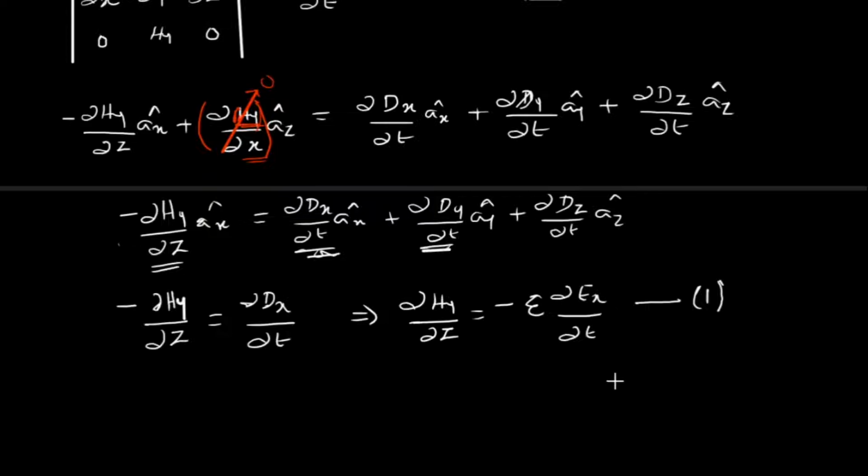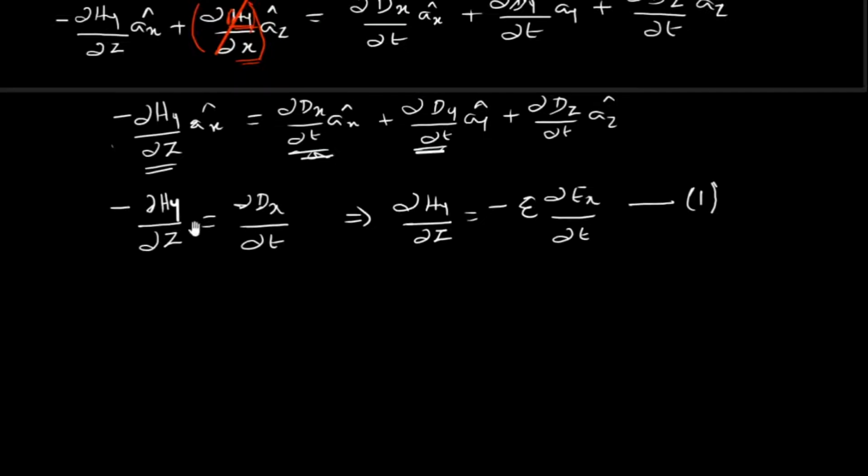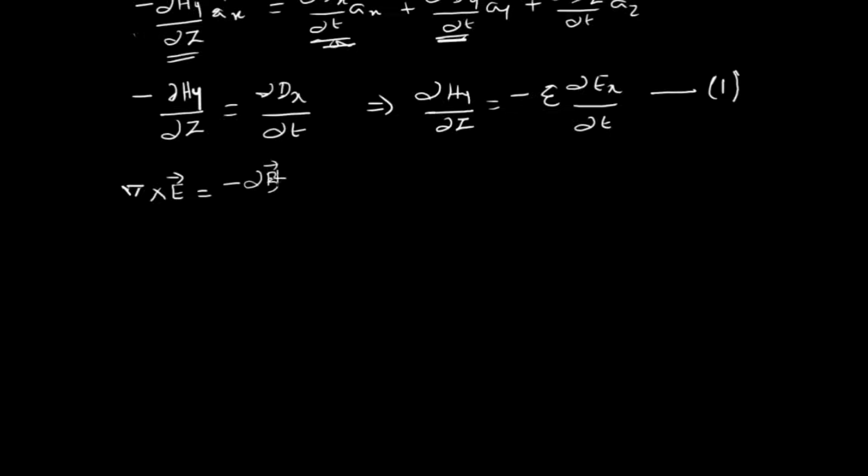Now we will be continuing by using Maxwell's equation from Faraday's law. This particular equation we needed for later reference. So from Maxwell's equation from Faraday's law we have curl of E equals minus ∂B/∂t.